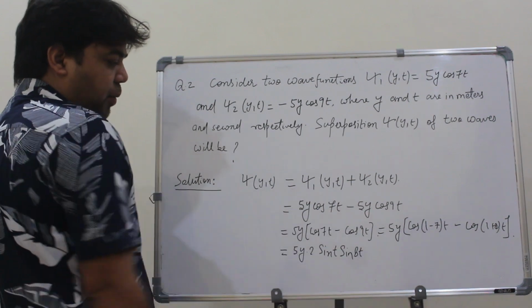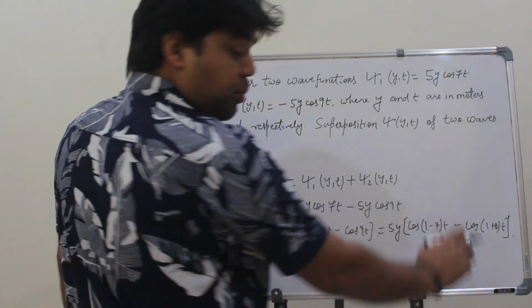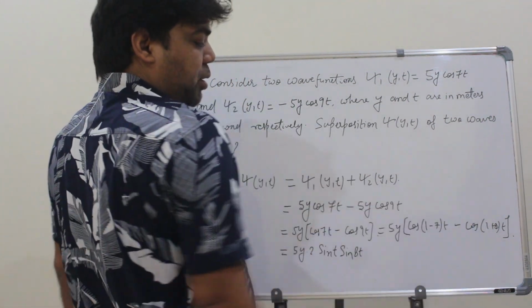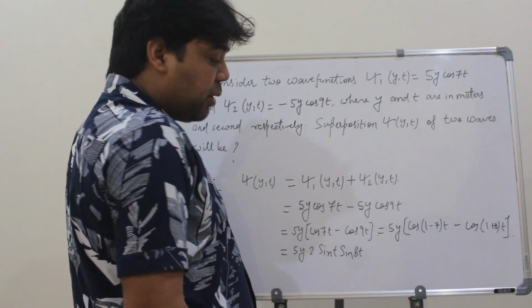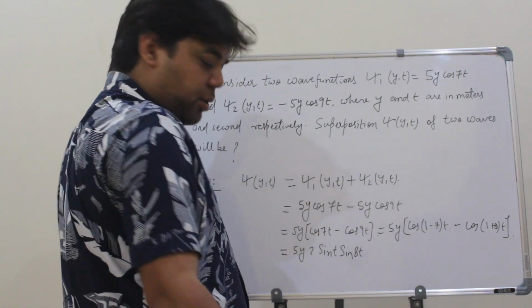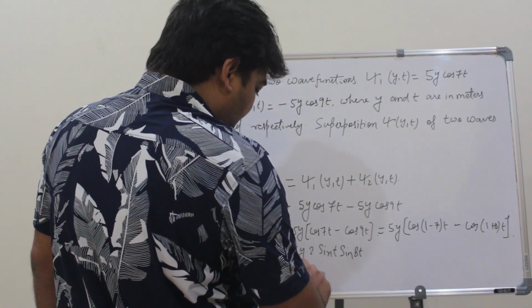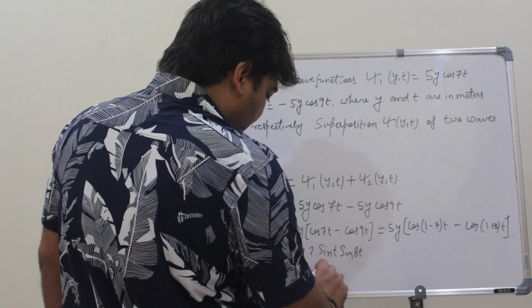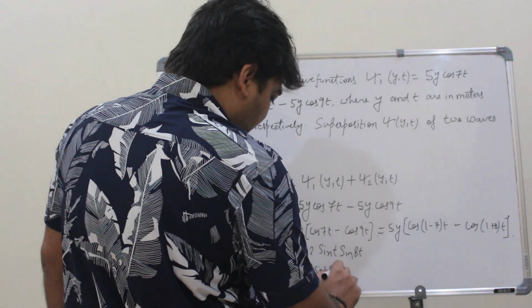It can be of any order, because cos of minus theta is cos theta. So it will be giving you 10y sin t sin 8t.